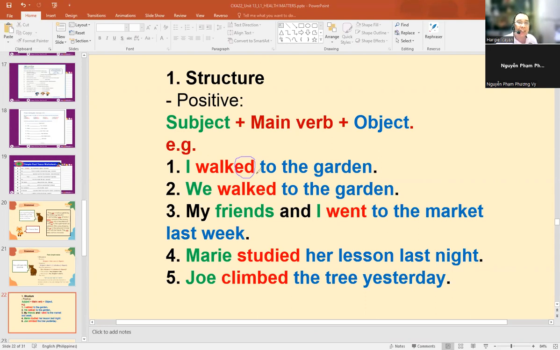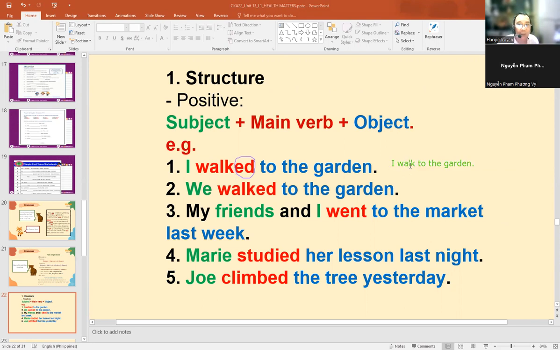So how are we going to make this in the present tense? How are we going to make that in the present tense? Of course, you just have to omit the what? The ed. So you just have to say I walk to the garden.